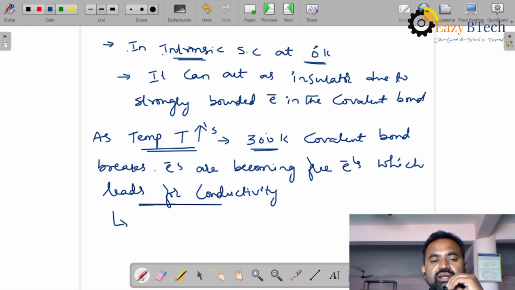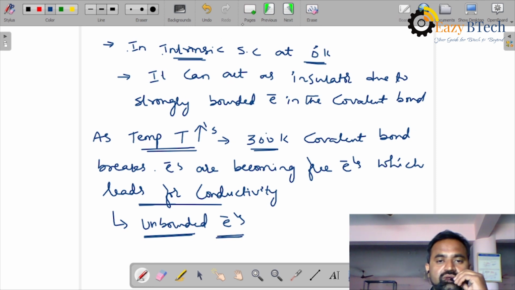The electrons at 300 degrees Kelvin in an intrinsic semiconductor are known as unbounded electrons. Okay students, you understood about intrinsic semiconductor.